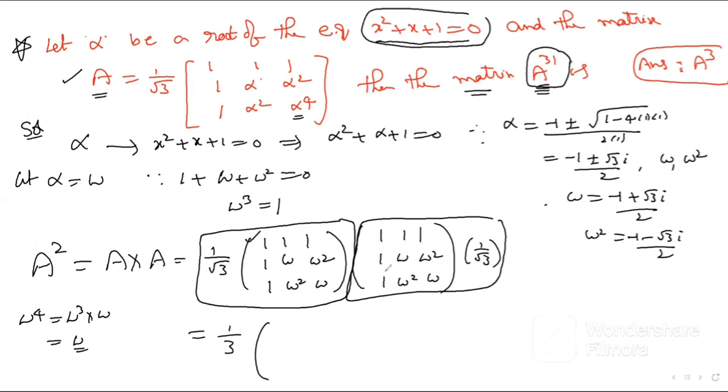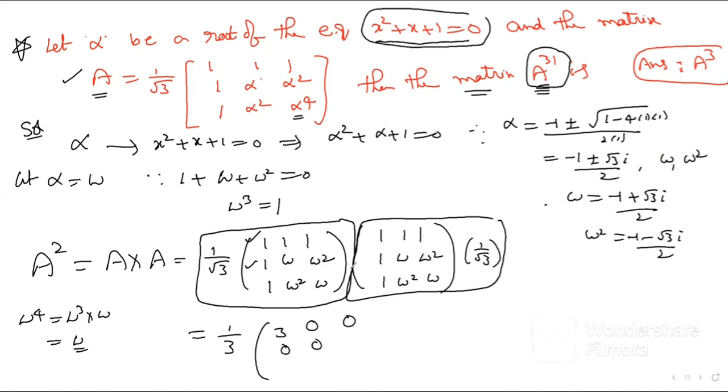Now we should multiply these two matrices. First row multiplied with all columns. First row with the first column: 1 plus 1 plus 1, which is 3. First row with the second column: 1 plus omega plus omega square, which is 0. First row with the third column, it is also 0. Second row with the first column is 0, and second row, second column, 1 plus omega square plus omega to the power 4, is also 0.